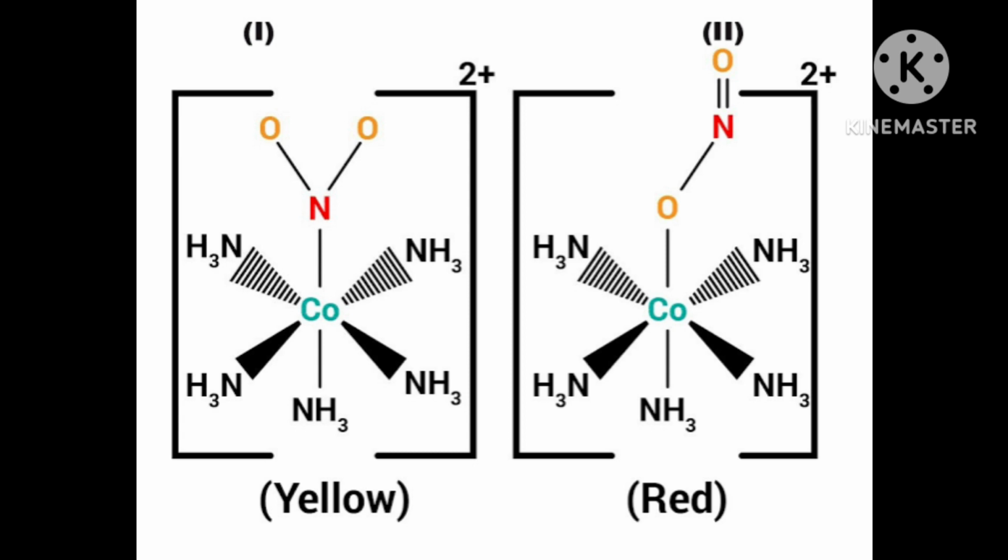Then after that, Cis. I already told the meaning of Cis: all ligands will be close, adjacent. When all are adjacent, only then you can tell this is the Cis. In the Cis situation, both NH3 will be close, adjacent to each other, and the rest 4 CN will again be close to each other.